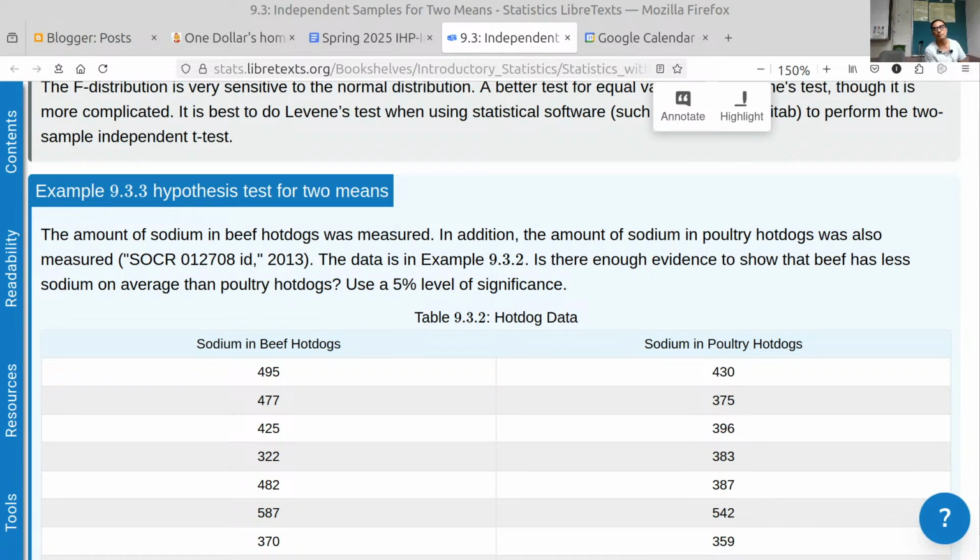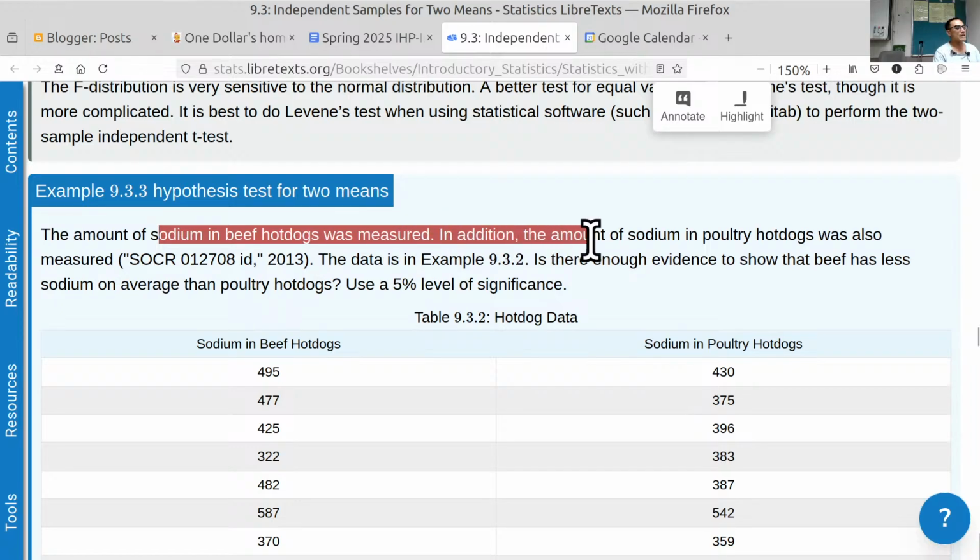Example 9.3.3, hypothesis test for two means. I like this example because it's very practical and about a daily life situation. The amount of sodium in beef hot dogs was measured.